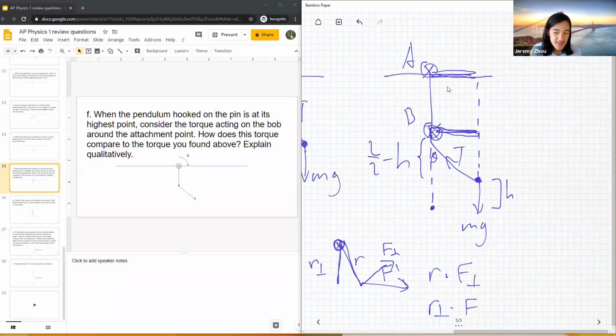So does that mean that the total torque is the same for both of these points? Is the total torque acting on the bob the same for both of these points?